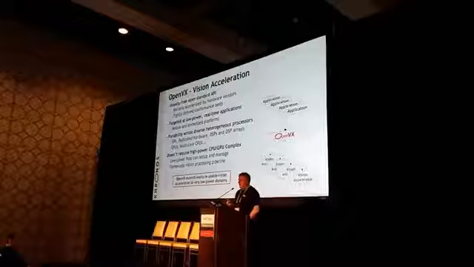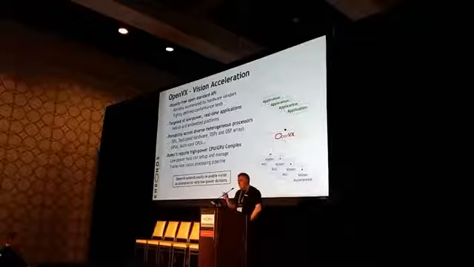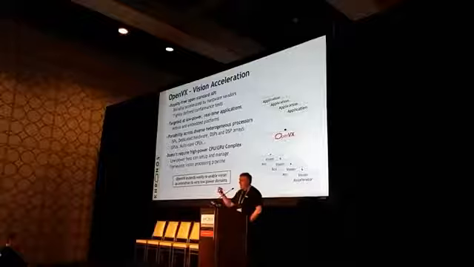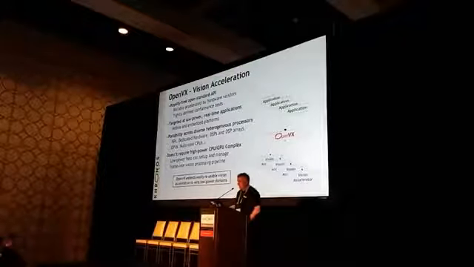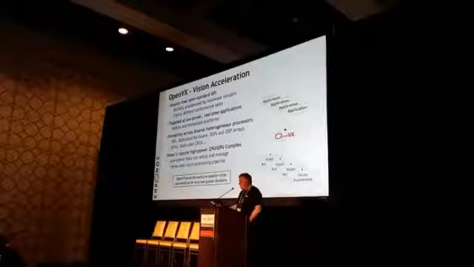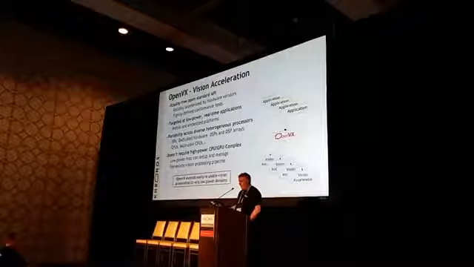So OpenVX is a Khronos standard, so it's royalty free, it's available to anyone to use. It's targeted at mobile, real-time, low-power applications, this gap we have in the ecosystem. But it's portable across any system that you would want to run it on. You can tap into ISPs, image signal processors, dedicated hardware, DSPs, DSP arrays, GPUs, multi-core CPUs, anything that you have available in your system.